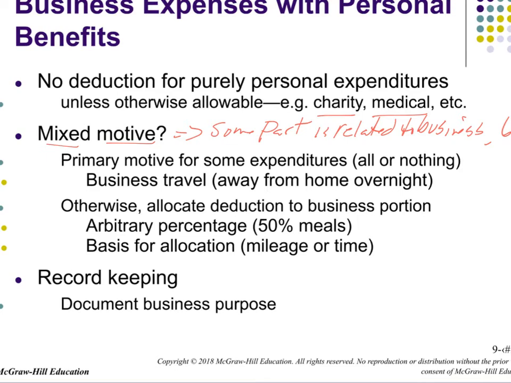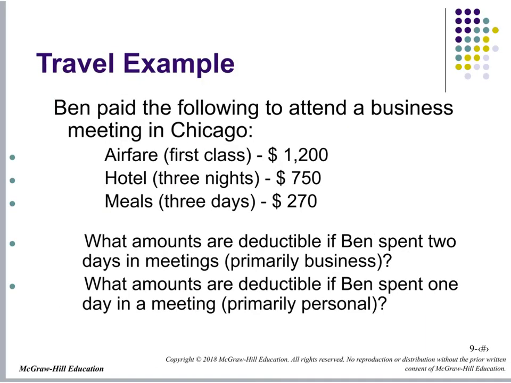So there are specific allowances for what you can deduct if your expense is mixed motive. The key in these situations is record keeping. That way you can document that even though your family went with you, you were there for a legitimate business purpose, okay? So let's do this example that's in the presentation.